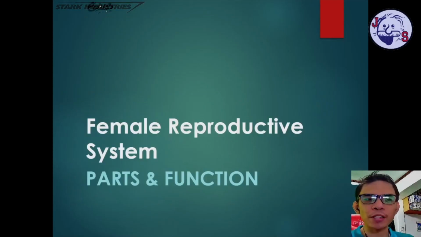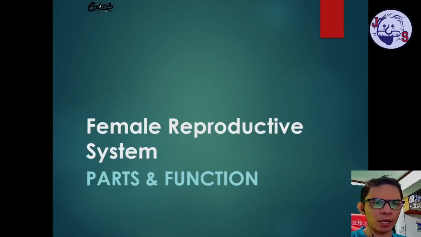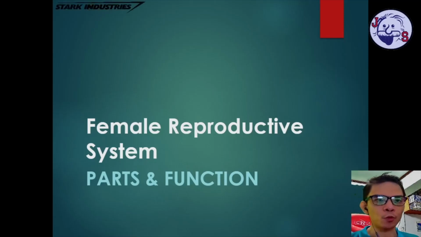Let's try to find out what the parts and functions of the female reproductive system are. Just like the male reproductive system, if you watch my video lesson about it, you will see that there are some parts located outside the body.